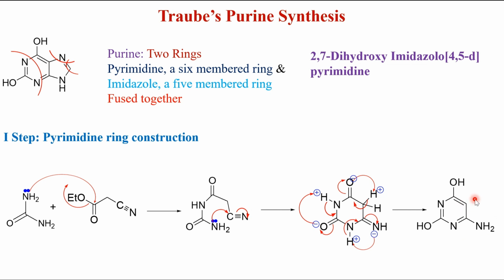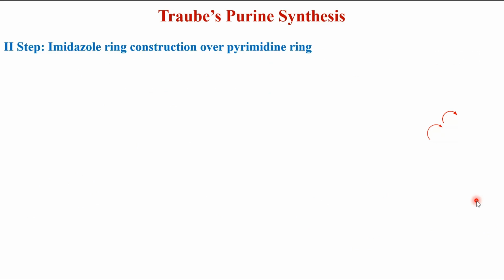Now I have to add nitrogen onto this position. The next step is construction of the imidazole ring. I'll take the pyrimidine ring which is constructed and treat with sodium nitrite and HCl at 0 to 5 degrees centigrade.